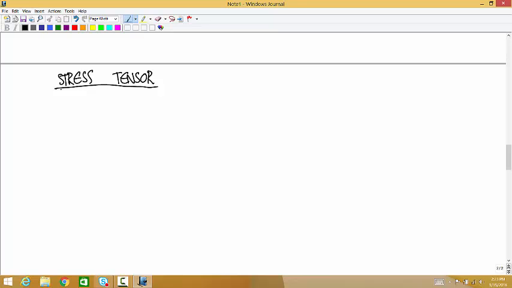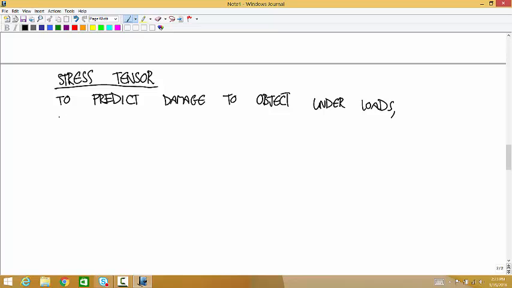So if you're trying to predict damage in a loaded member, trying to predict damage to an object under loads, first, you calculate the external loads.